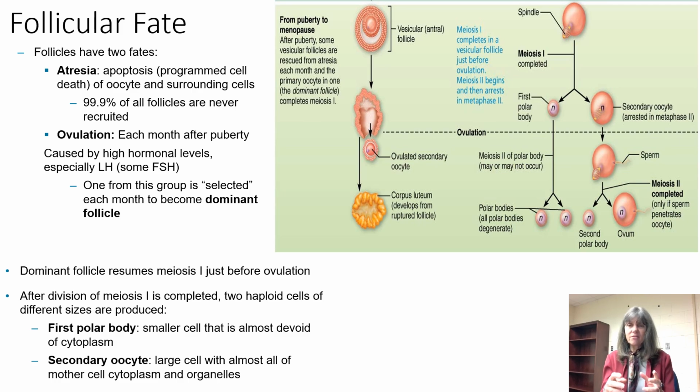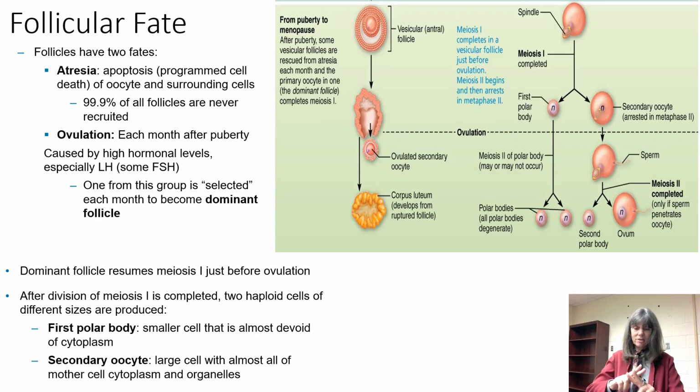So that first polar body and secondary oocyte are created when we had a tetrad of chromosomes. Okay, here's one chromosome, and if we have two homologous pairs buttoned together in synapsis, we're separating those chromosome pairs.